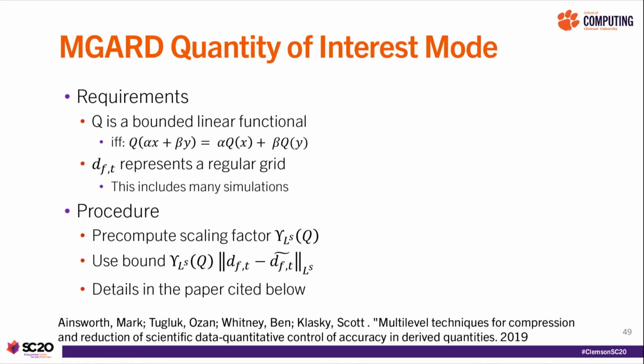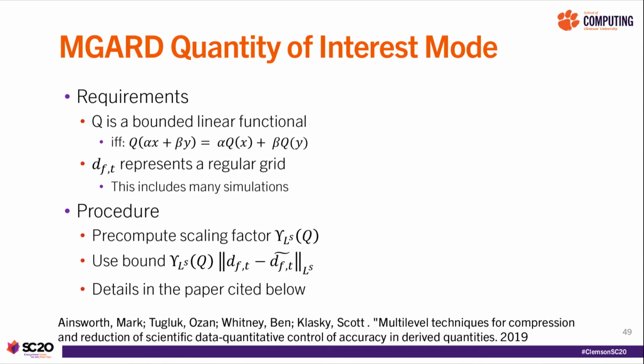Now let us consider a competing technique in the same space. IMGARD has a mode that they call quantity of interest mode. With the quantity of interest mode, they place some additional restrictions on the metric that they are considering. First, they require that the metric under consideration be a bounded linear functional.